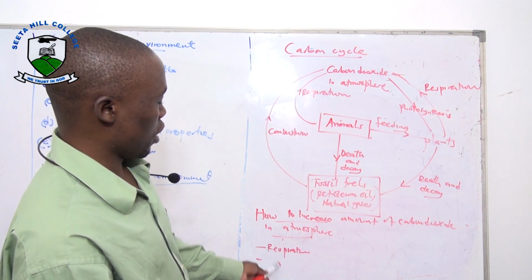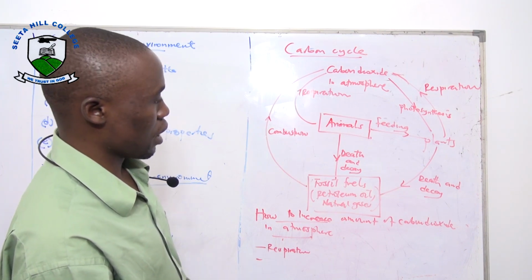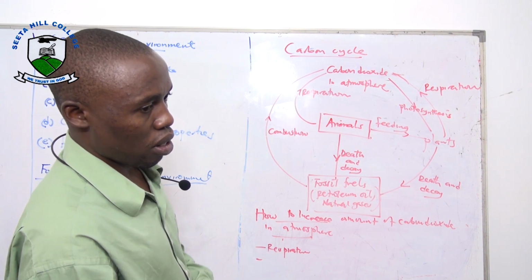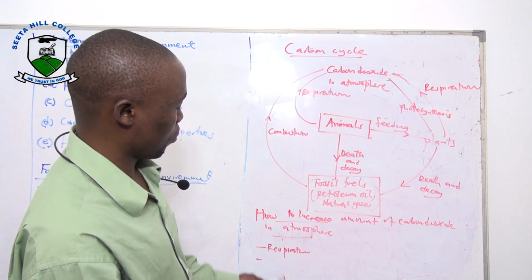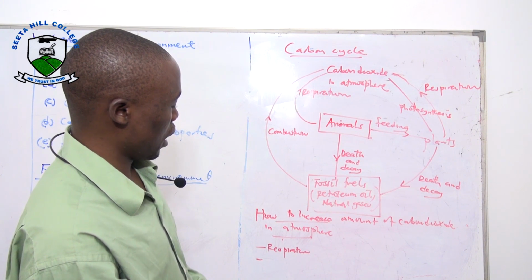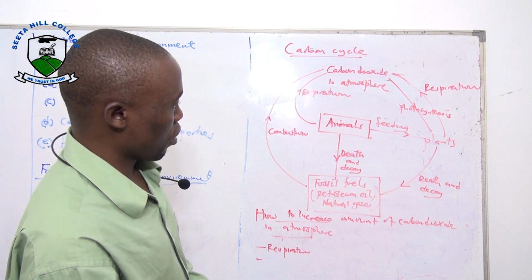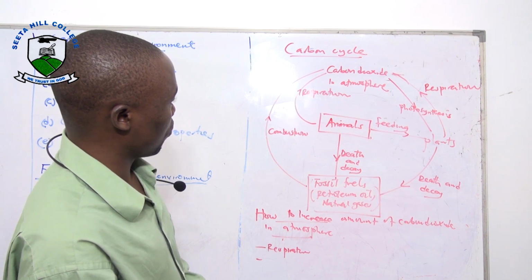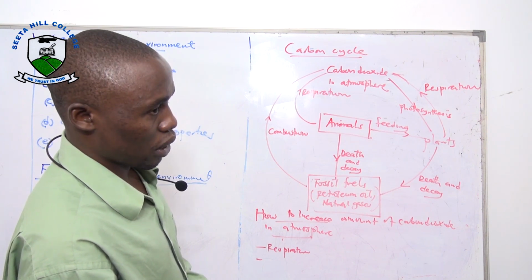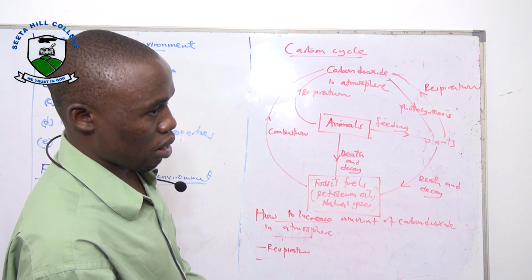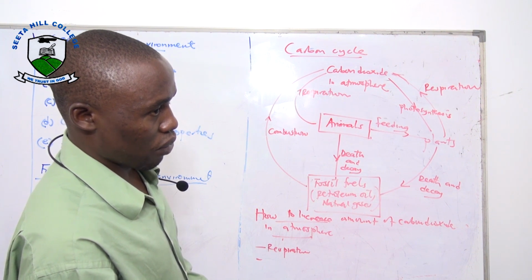Okay. Now here we have respiration, photosynthesis, germination, and death and decay. How do you reduce carbon dioxide in the atmosphere? Reforestation and afforestation.